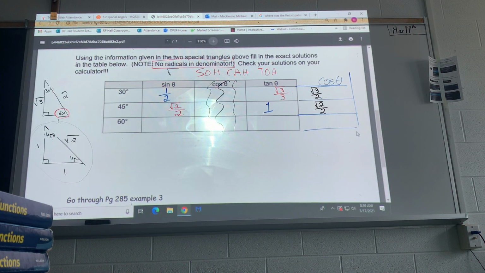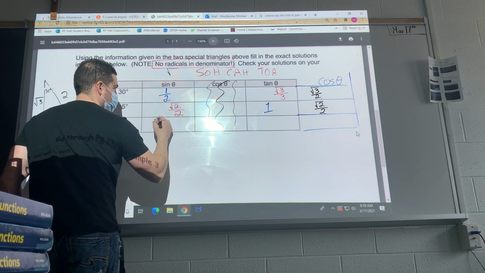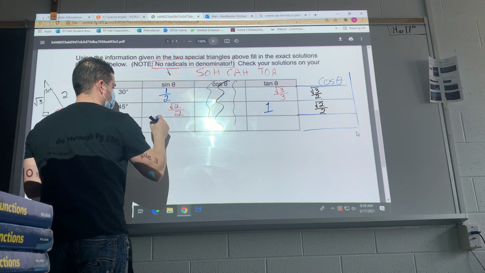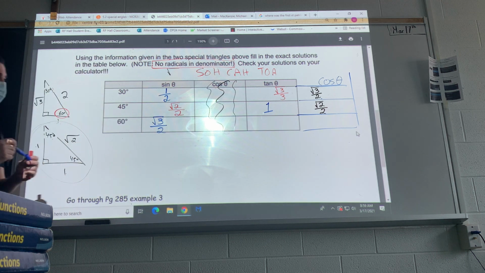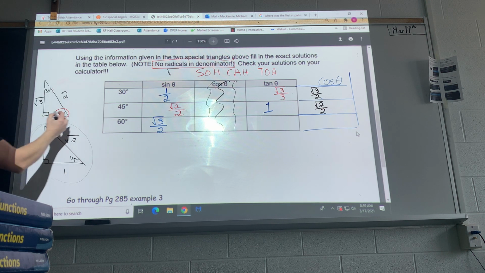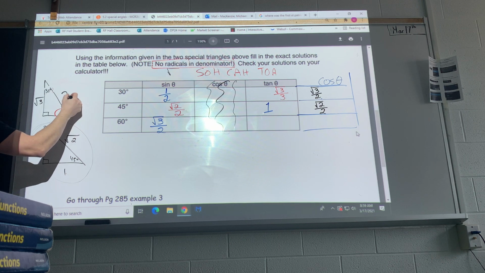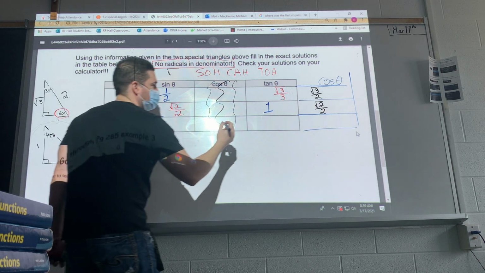You guys got it? Sine 60. Isabella, sine 60. Good. So 60 opposite over hypotenuse, so root 3 over 2. We don't have to do any adjustments to this one, so root 3 over 2. Okay, cos 60, right here. 1 over 2. So cos 60 is adjacent over hypotenuse, so 1 over 2. Good.